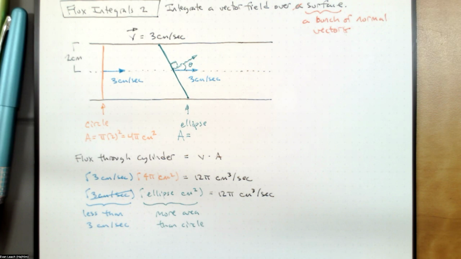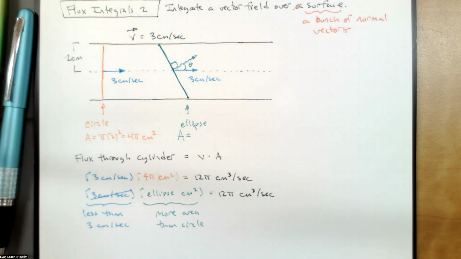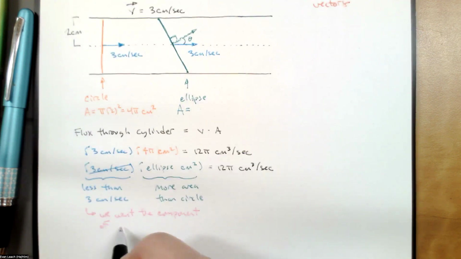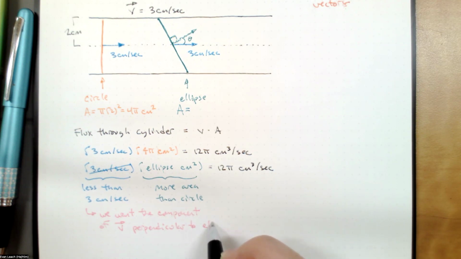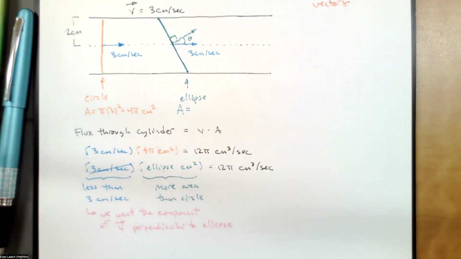So the less than 3 centimeters per second that we want is the portion of the volume that's going perpendicular to the ellipse. We want the component of V that is perpendicular to the ellipse.